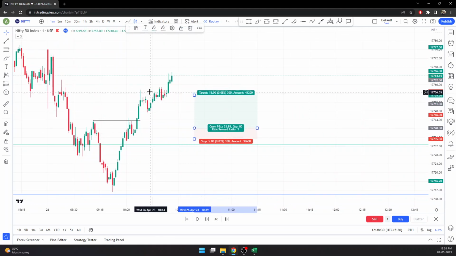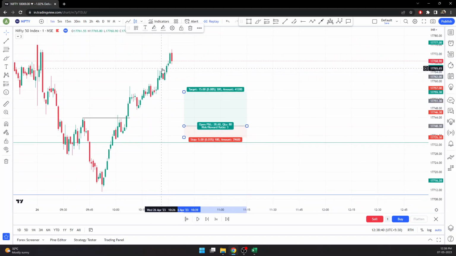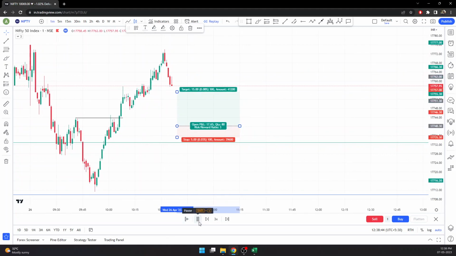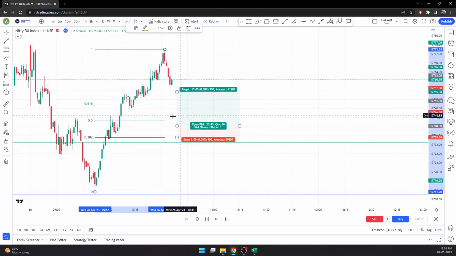Do we see any break of structure here? Yes, it did break. It came from somewhere here. It did not give us any entry. No entries. Maybe somewhere here. Just draw the fib level.